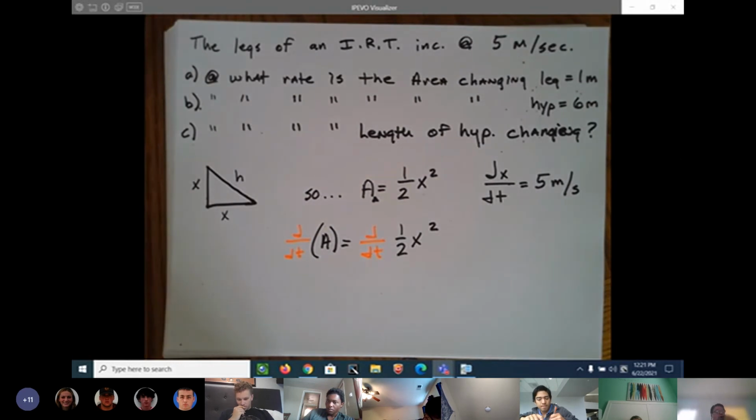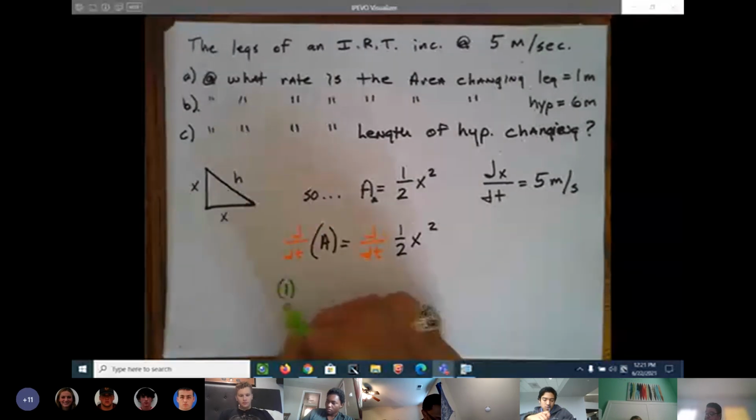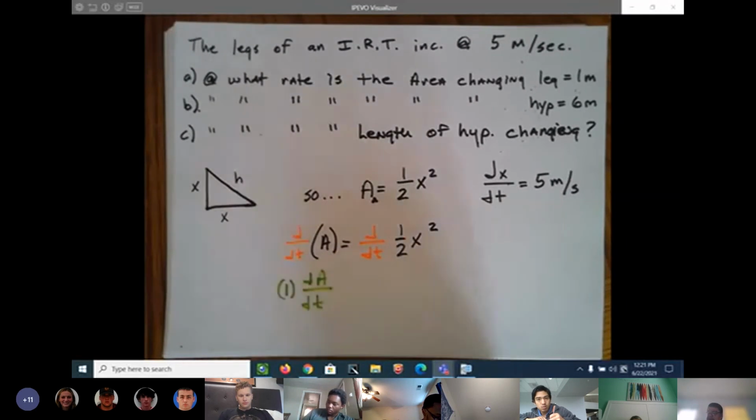I use my green marker to show that I'm taking the derivative. So that's going to be 1 times dA dt. Now somebody tell me what dA dt stands for. Give me the words. The rate of change of area over time. There it is, the rate of change of this area. That's what that means.